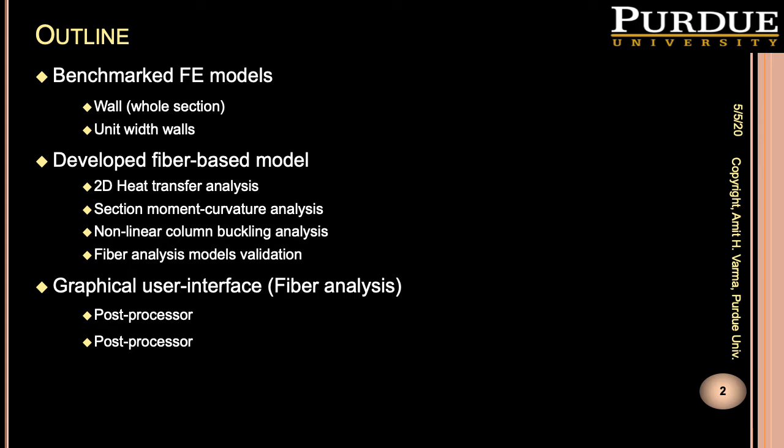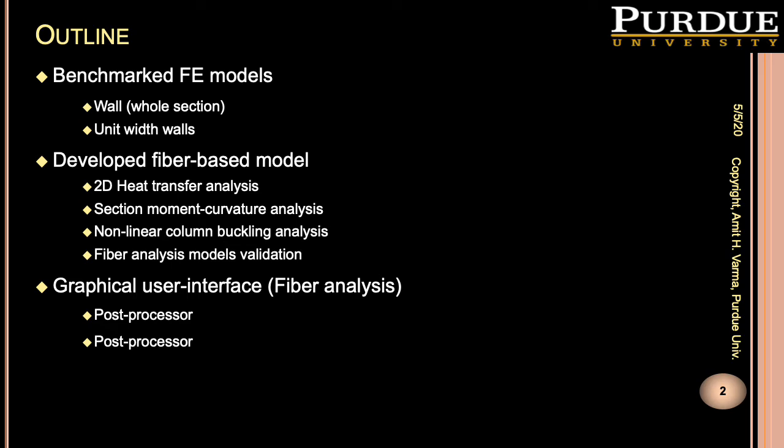This module covers the benchmark finite element models for both methods used on the wall section and the unit width of the wall. Also, a fiber-based model was developed in this study. This model involves three main steps, which are two-dimensional heat transfer analysis, section moment curvature analysis, and nonlinear column buckling analysis.